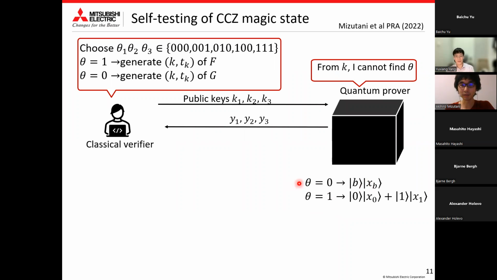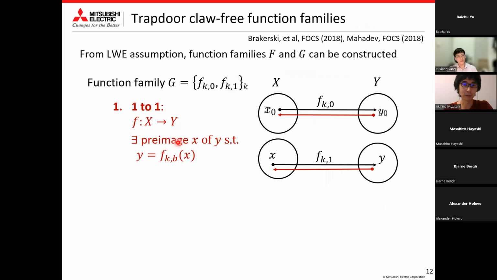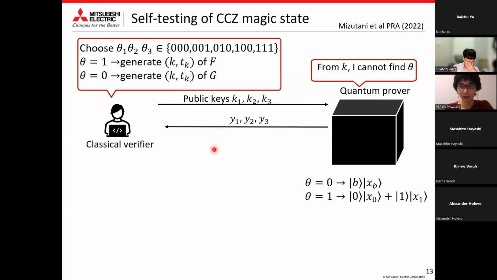The reason for obtaining the product state when theta is 0 is that the verifier chooses the function family G, and G is a 1-to-1 function. So given the image Y, there exists only one preimage. That's the reason why the prover obtained this product state: only this XB, only this preimage, outputs that Y.